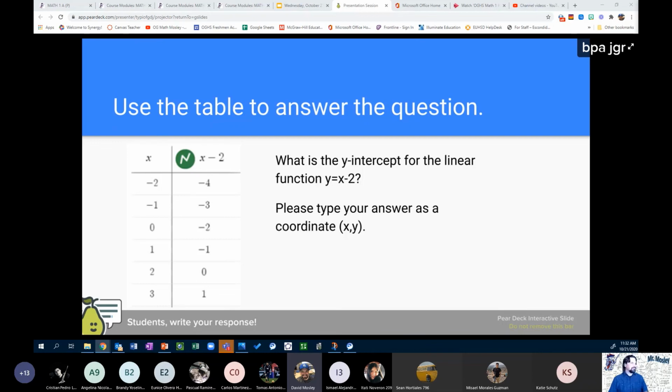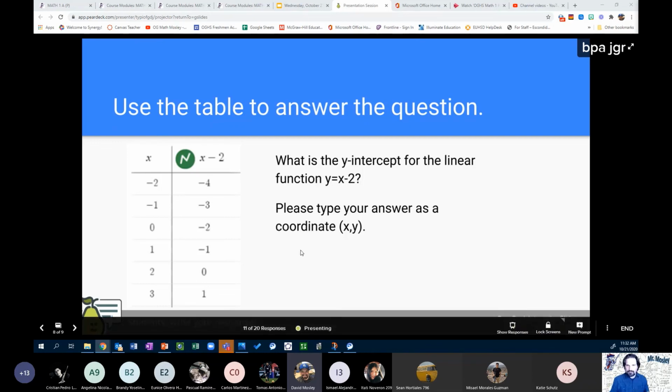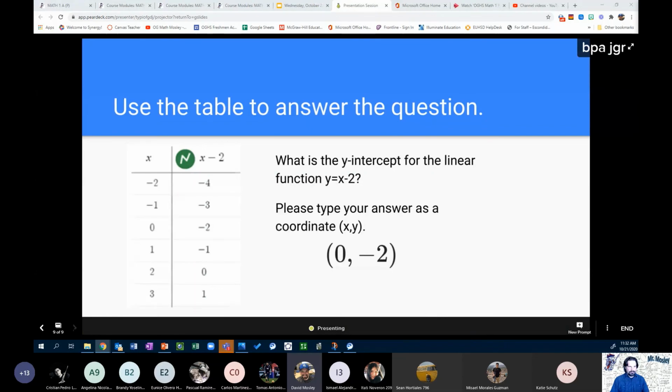All right. So let's look at the answer. The coordinates of the y-intercept is 0, -2. On the table, this is where x equals 0, y equals -2.